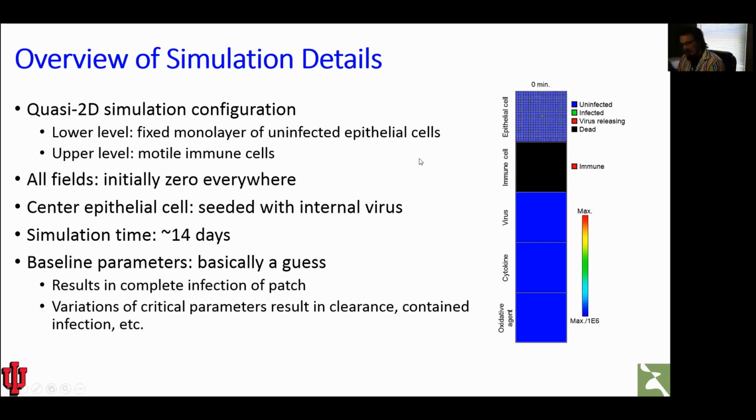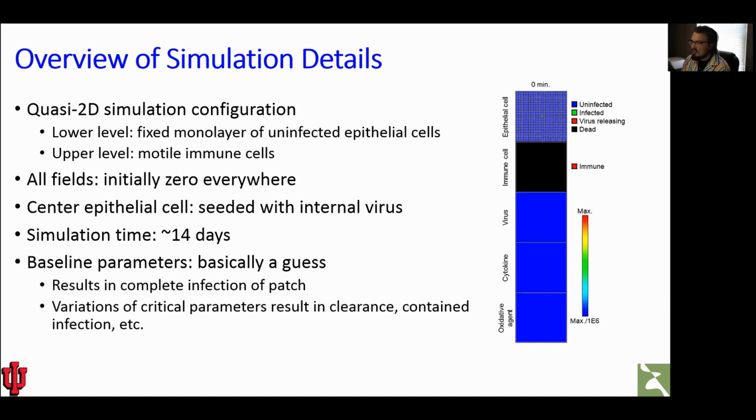With the simulation time step and the number of steps, we simulate over 1,000 simulation steps, which corresponds to just under 14 days. Then we selected a baseline set of parameters that, by and large, were an educated guess, some of which are purely a guess, specifically to produce the sorts of outcomes that we wanted based on intuitive parameter variations.